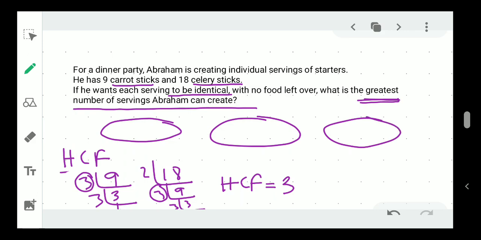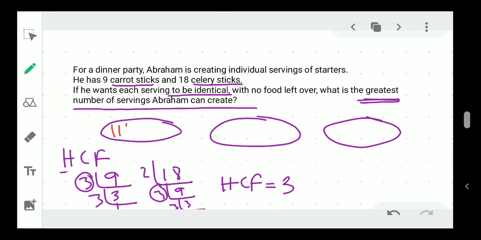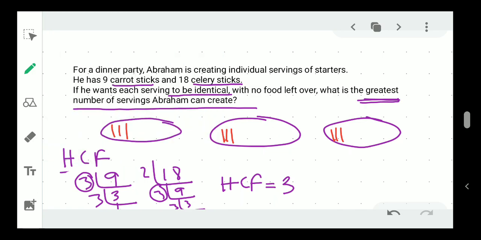Let me serve now. Out of the 9, 3 carrot sticks are left on each plate. I will draw carrot sticks in red. So 3 carrot sticks here, 3 here and 3 here, so total 9. And the celery sticks, since there are 3 plates, if we distribute, will be 6 each. So here 6, 1 2 3 4 5 6, here 6, and here 6.